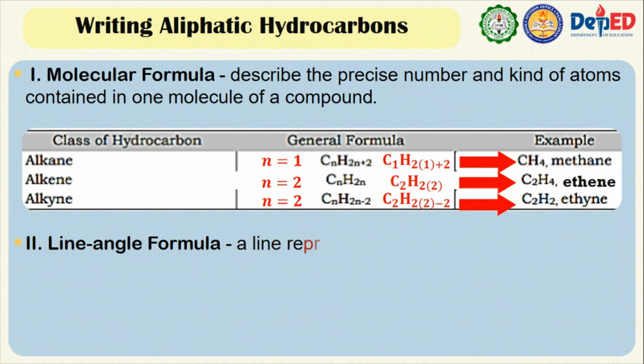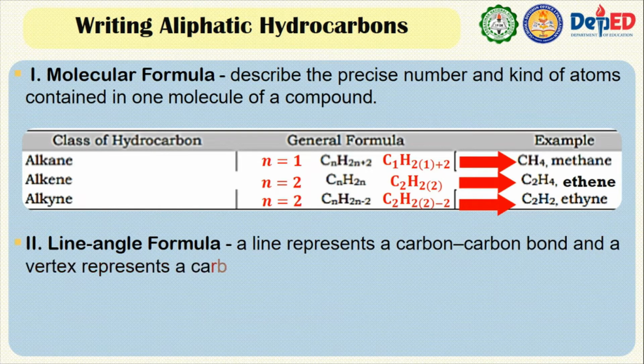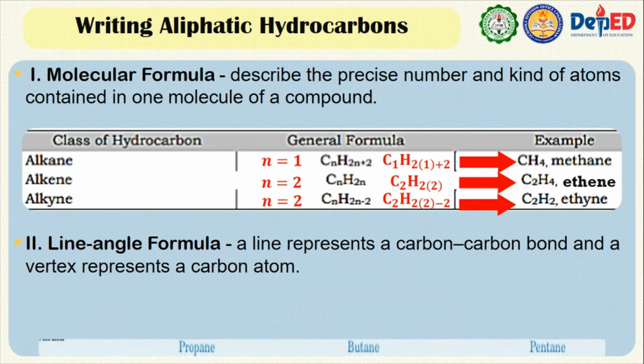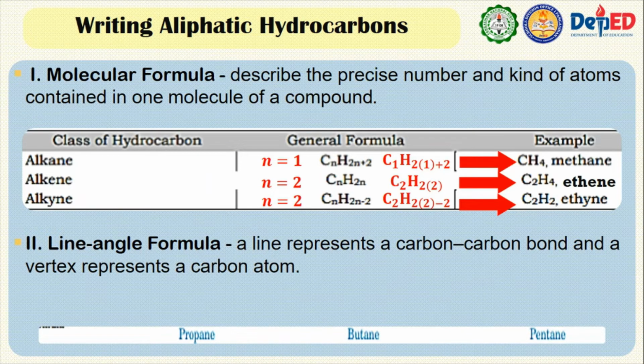The second way is through line angle formula. A line represents a carbon-carbon bond and a vertex represents a carbon atom. Let's have an example in writing the line angle formula of the following hydrocarbons. We have propane, butane, and pentane.